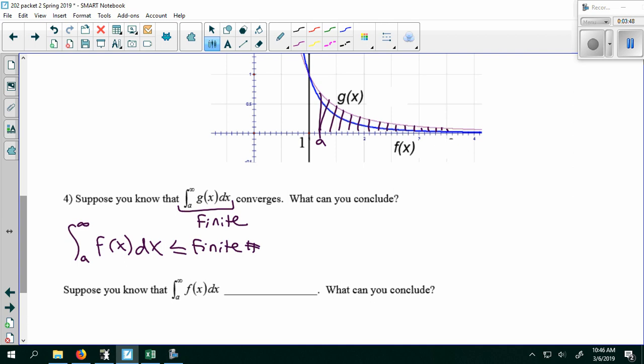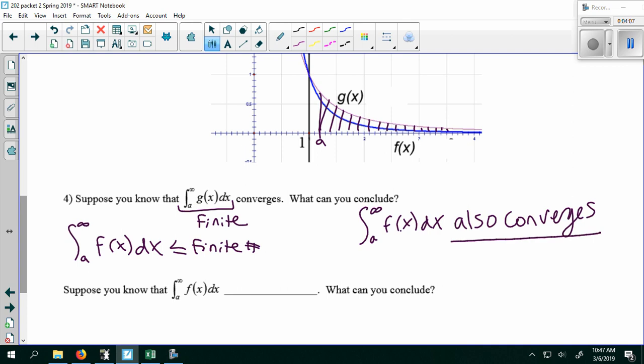So that means if that integral is smaller than a finite number, it has to also be finite. So what can I conclude? That the integral from a to infinity of f of x dx also converges, right? Without having to do any calculations with the limit as b goes to infinity and taking an antiderivative, I know that f of x has to converge because the area under f is smaller than the area under g, and I know that the area under g is finite.